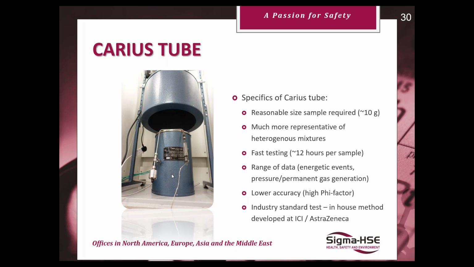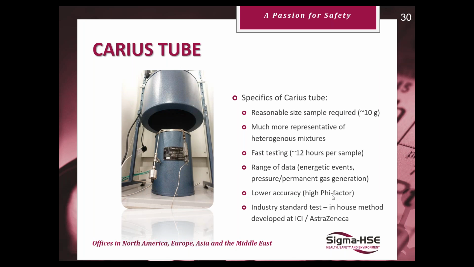But the way it's different to the DSC is that we can use the pressure data from a Carius tube, which is helpful. We tend to use the Antoine plot that we discussed before to provide an onset of when we think gas generation is being formed in the decomposition, rather than just the vapor pressure increasing as the temperature increases.